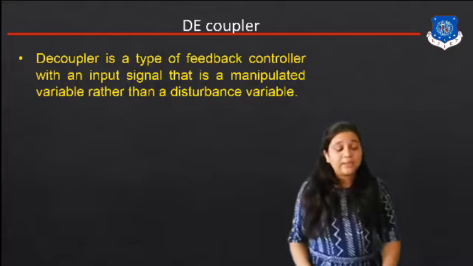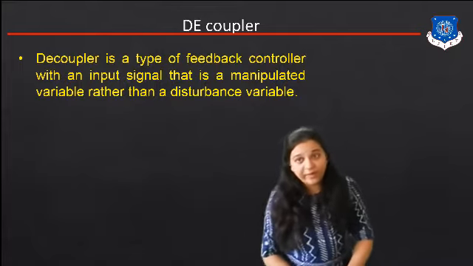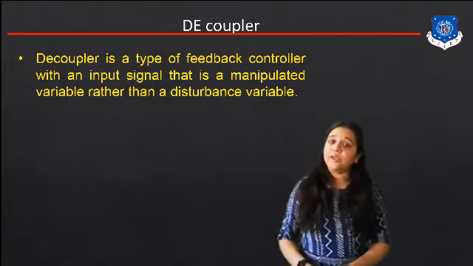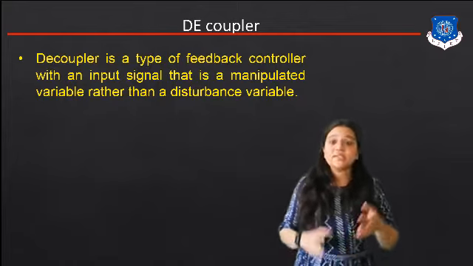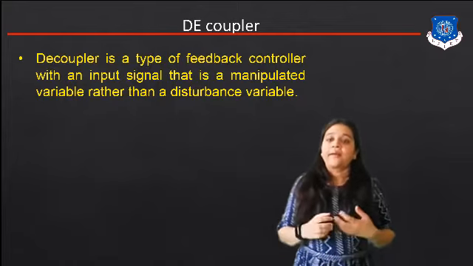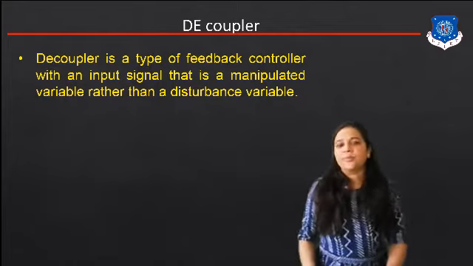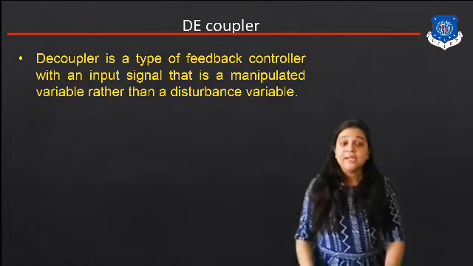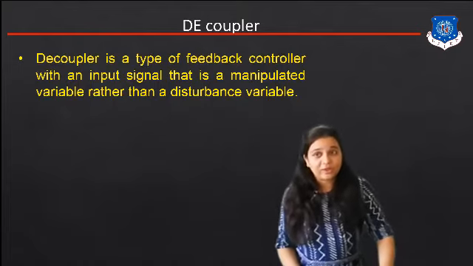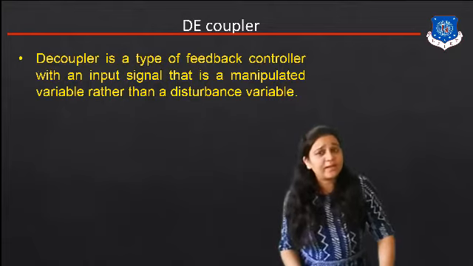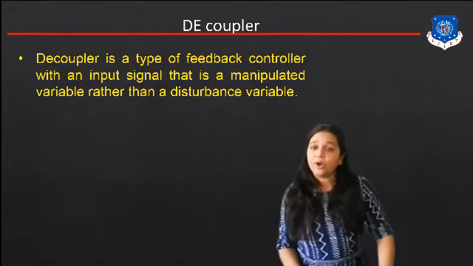Okay, so the decoupler is a type of feedback controller whose input signal is the manipulated variable rather than the disturbance variable. Because if we deal with a MIMO system, there are multiple disturbances in the block diagram.